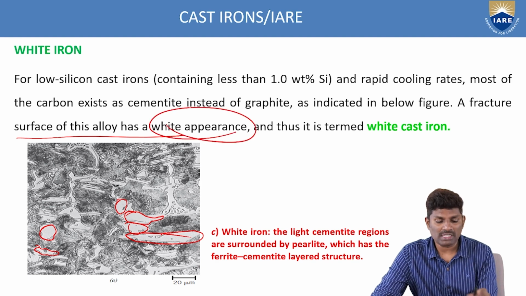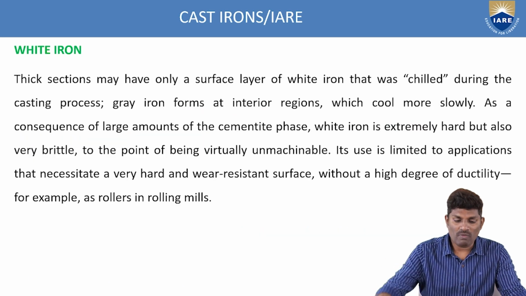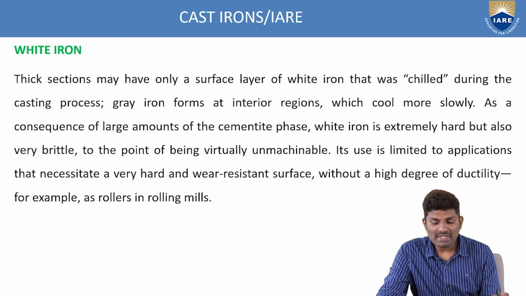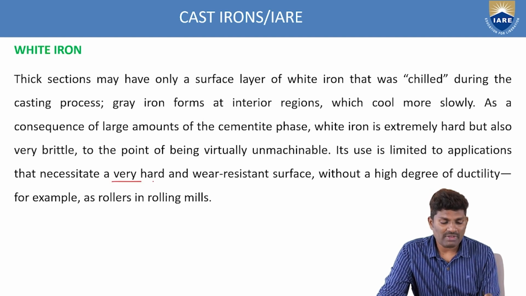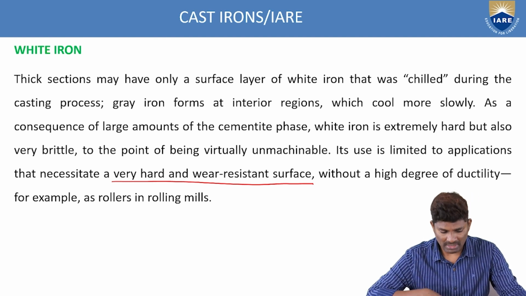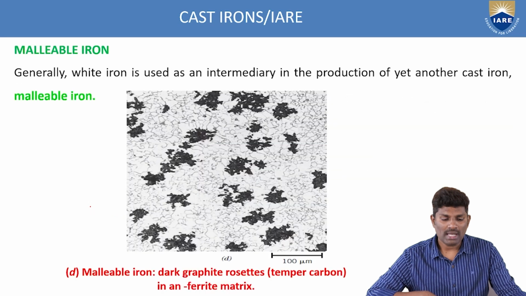White cast iron has very limited applications, because it is very hard and wear resistant without a high degree of ductility, and it can be used in rollers in rolling applications.